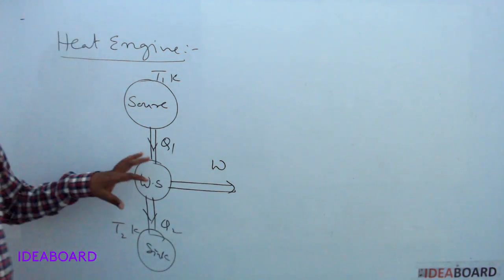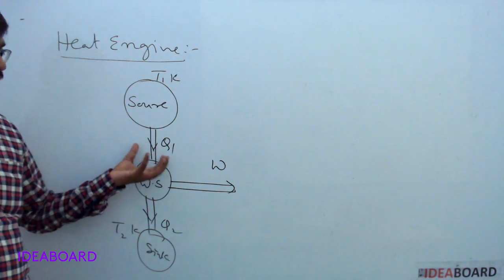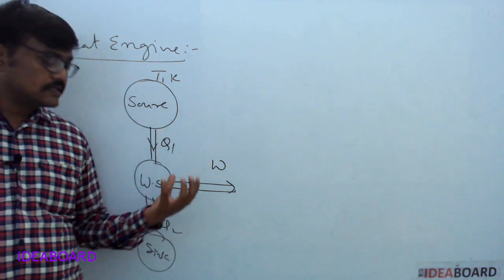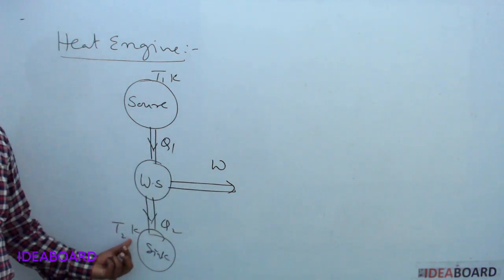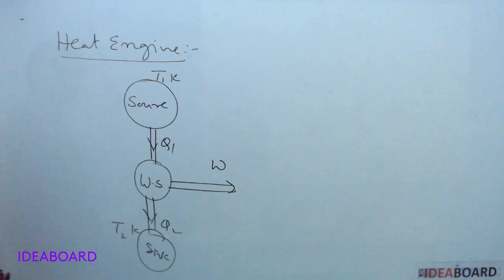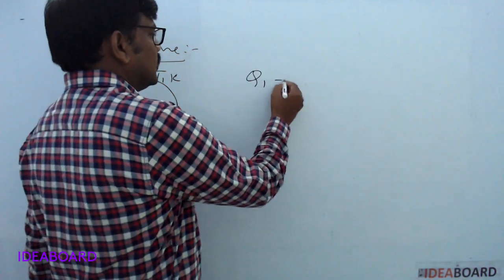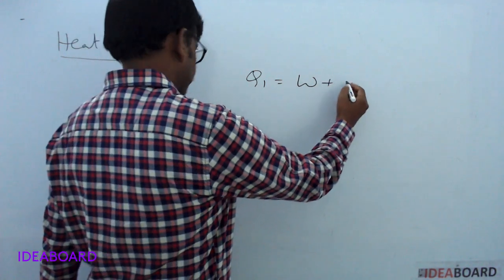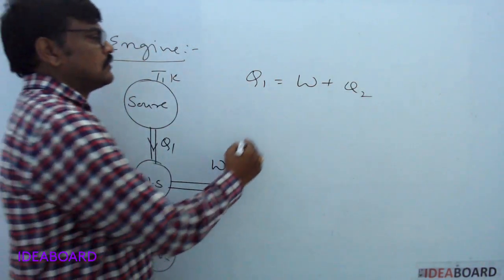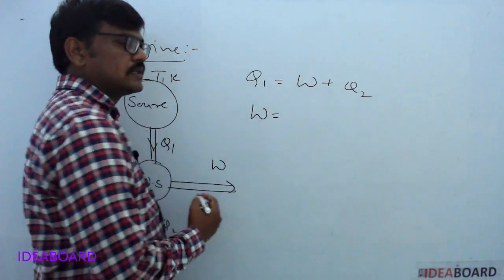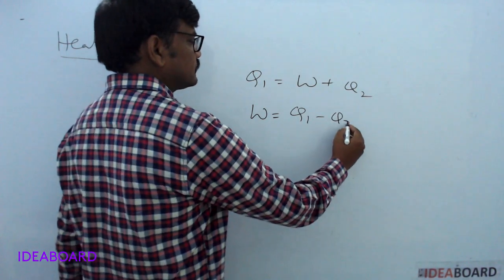Means here the working substance will absorb the heat Q1, and only some part of this heat is converted into work, and the remaining heat will be transferred to the sink, Q2. Now clearly from this, Q1 equals W plus Q2 according to conservation of energy. Therefore, the work done by the working substance W equals Q1 minus Q2.